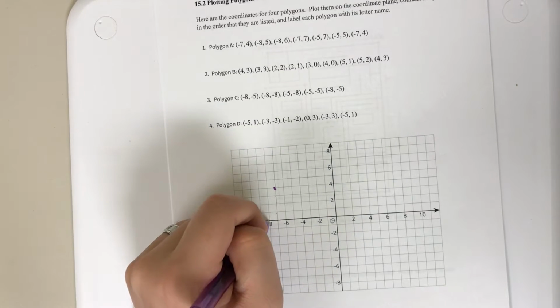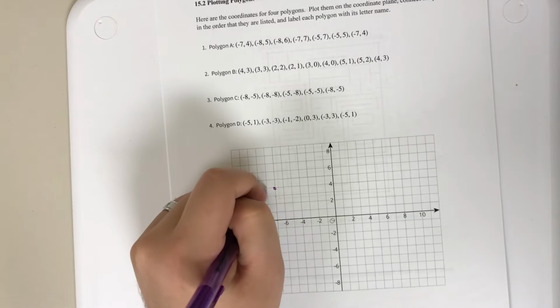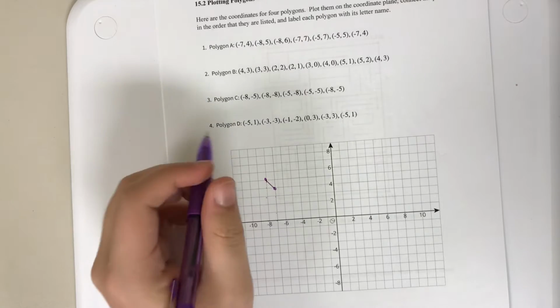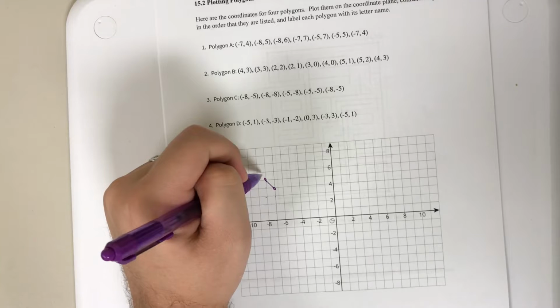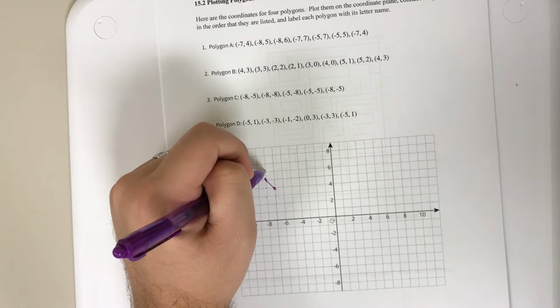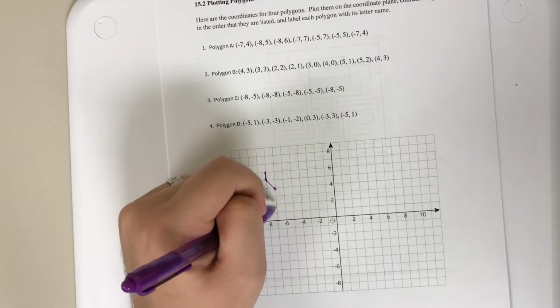-8, 5. 1, 2, 3, 4, 5. I connect those. Then -8, 6. -8 and 6. I connect that. -7, 7.